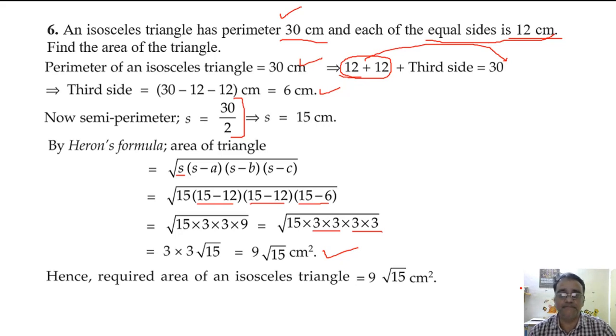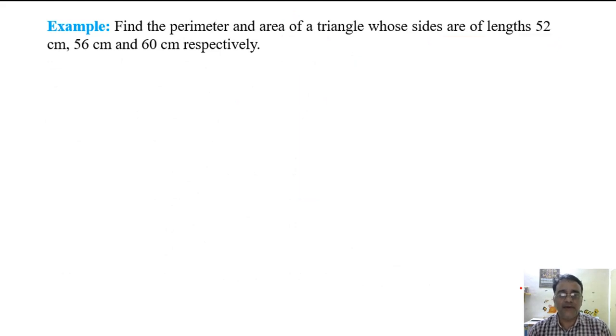Any doubt? No, sir. Okay, now we'll see one example. Find the perimeter and area of a triangle whose sides are of length, this is a simple direct question only, 52 centimeter, 56 centimeter and 60 centimeter. So we have to find the perimeter. How will you find the perimeter?